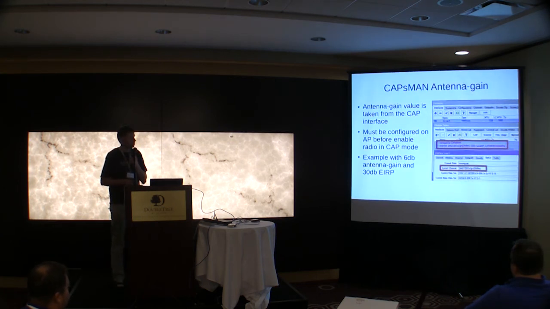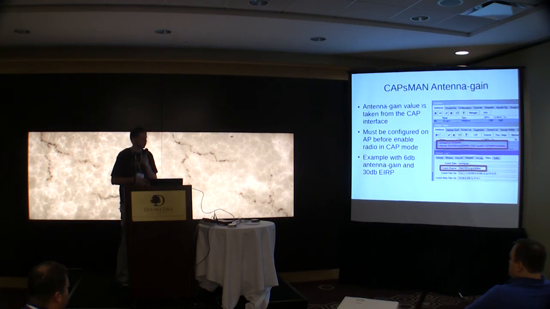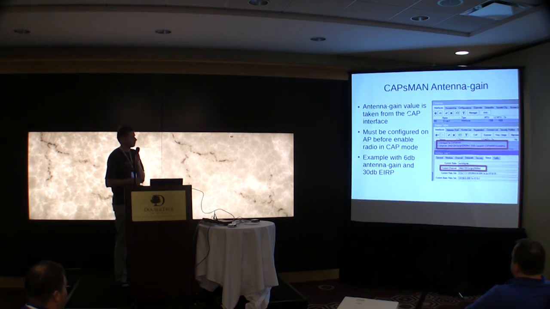Another thing is CAPsMAN antenna gain. Since local regulations require that you specify it and not transmit at higher gain or ERP, you need to specify antenna gain on the CAP, and this antenna gain is taken not from the CAPsMAN but from the CAP interface.